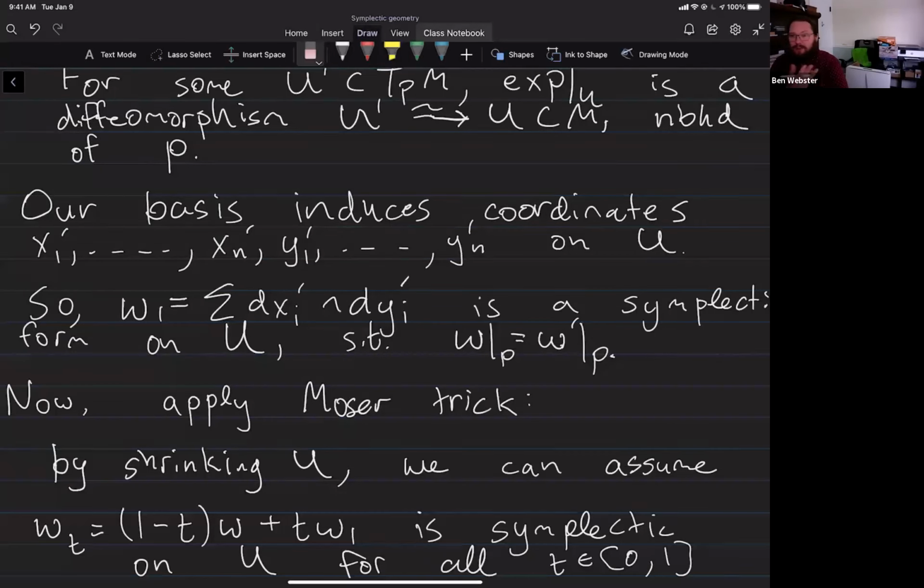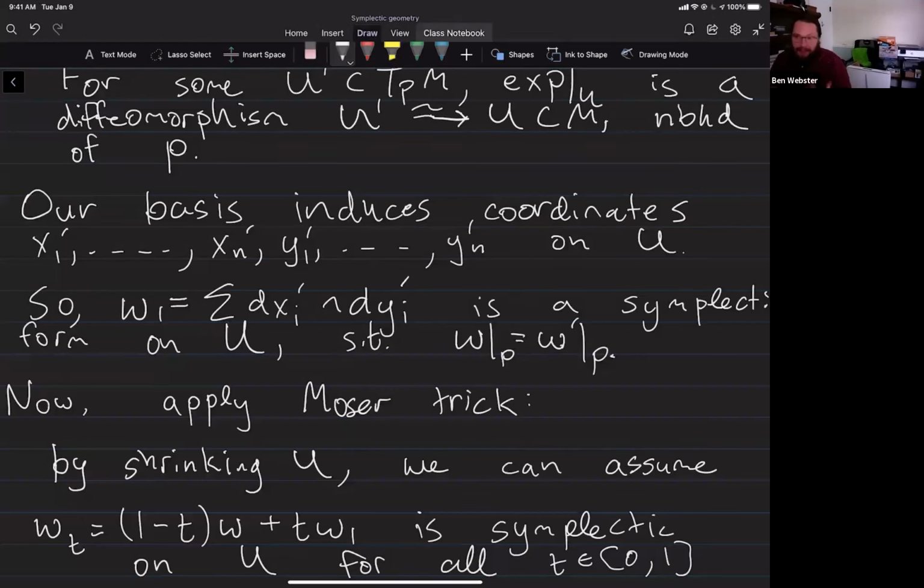These are not the coordinates I want from the Darboux theorem, because things might start going wrong as soon as I go away from my point P. I told you nothing about what this metric is, and depending on what metric I chose, I might get very different looking exponential maps that might squash things in one direction. I made no effort to make this metric compatible with the symplectic form, so there's no reason that these would be the Darboux coordinates.